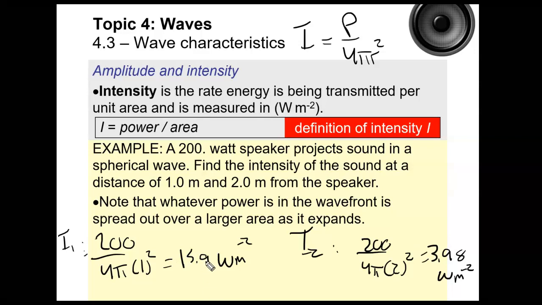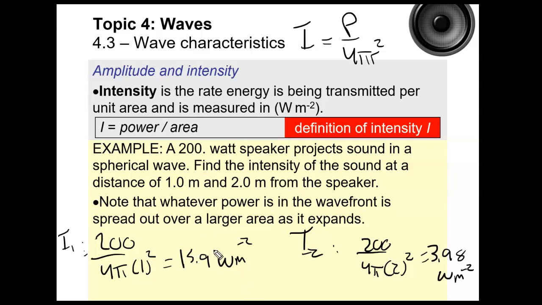A lot of the time, they'll be asking you questions like, if the distance doubles or triples or is a quarter of the value, how does the intensity change? And so for those types of calculations, you don't technically need to do calculations with the equation itself, but you're just looking at how things relate to each other.